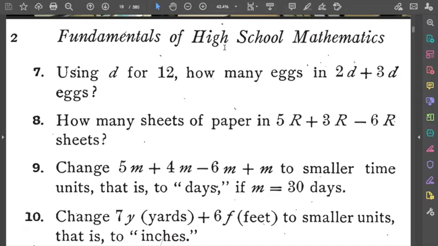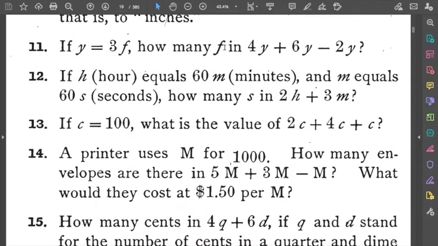You might see them as very simple questions, but logically, they are very, very important. So let's take a look. I'll start from question 11 and the rest.